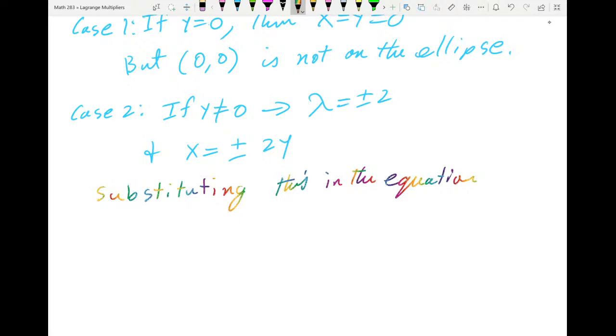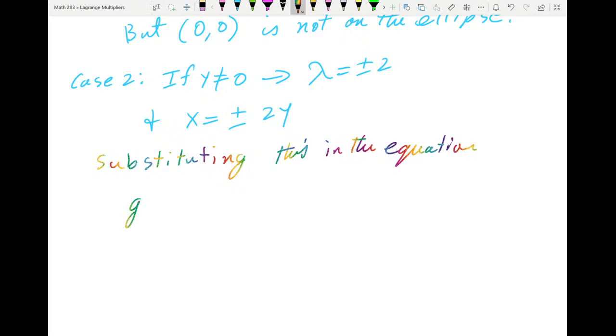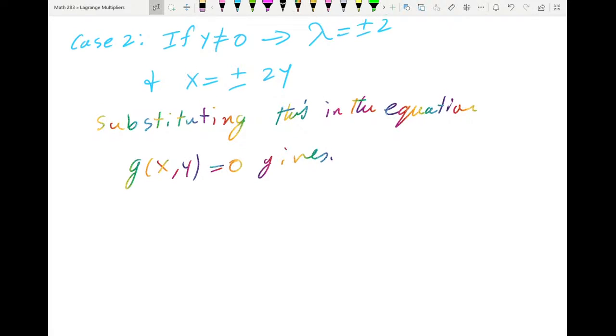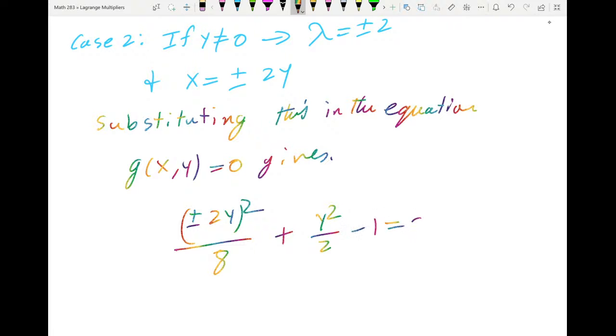Substituting this in the equation, g of x, y, 0 gives, let's look at it. What was the original equation? Plus or minus 2y squared over 8 plus y squared over 2 minus 1 equals 0.